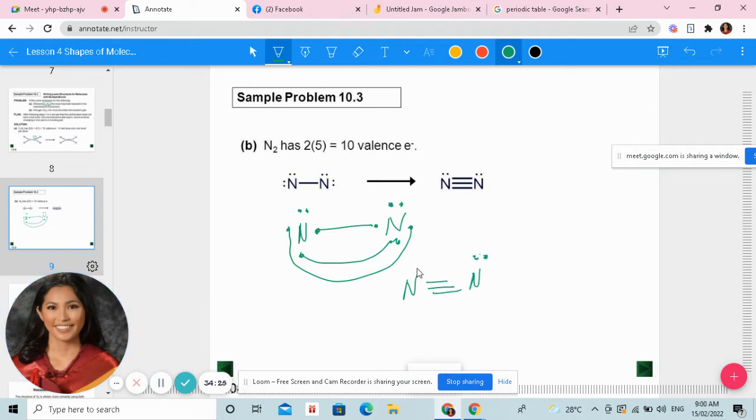How many lone pairs do we have? We have 2 lone pairs.